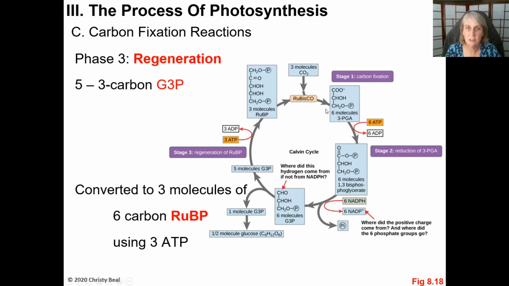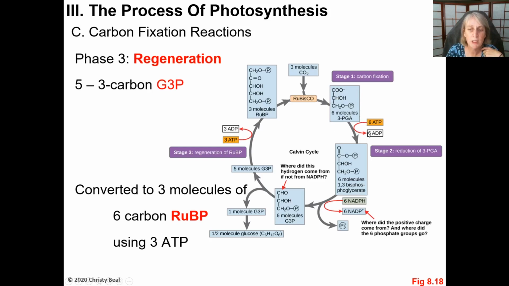I want you to get the gist of this. So the basic idea. Our 5 molecules will regenerate into RuBP. RuBP is grabbed by Rubisco, and 3 molecules of carbon dioxide are grabbed by Rubisco. It's an enzyme. It fixes them. It turns inorganic carbon dioxide into organic PGA.